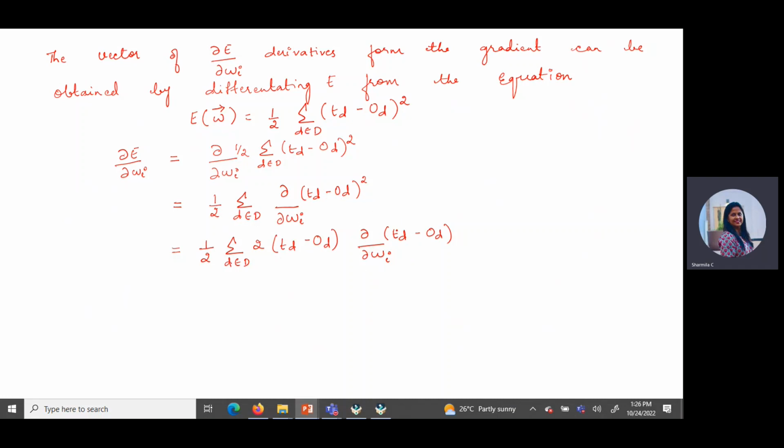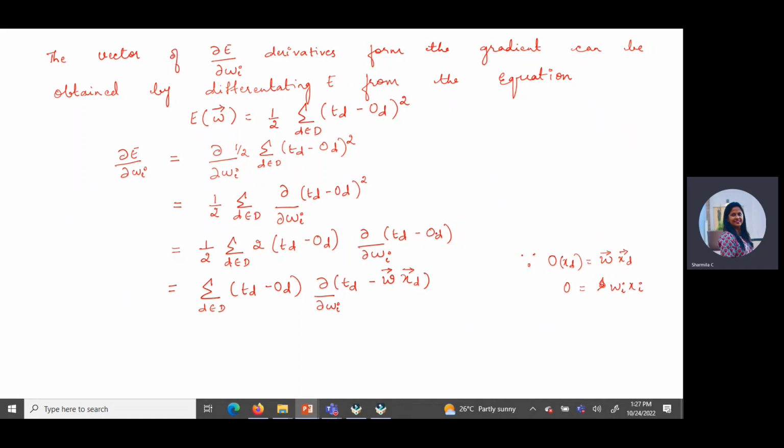Here td is a constant, and od you already know is the output of the linear unit, the output of the unthresholded perceptron, which for the input vector is equal to W vector dot X vector.